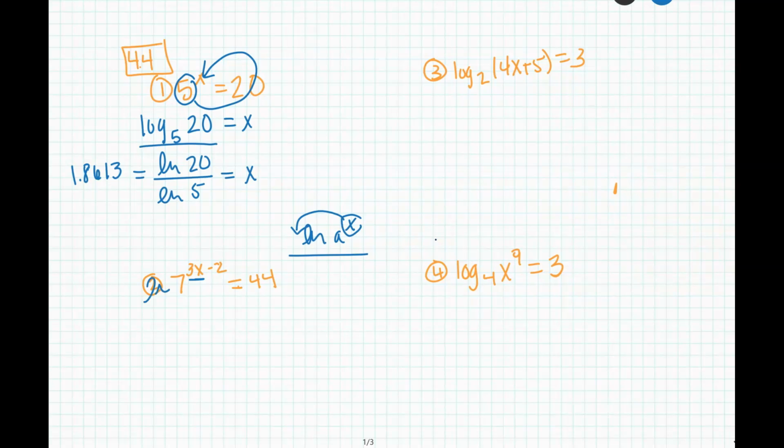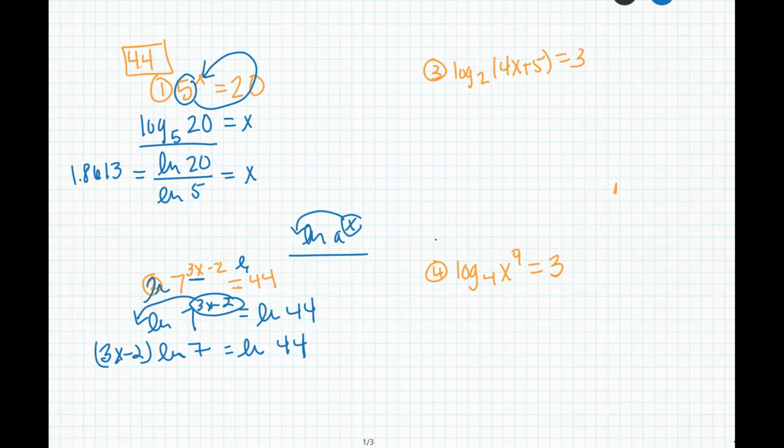And so if I ln both sides, it gives me ln of 7 to the 3x minus 2 equal to ln of 44. And then I'm going to pull this exponent out front. So it gives me (3x minus 2) ln 7 equal to ln of 44. And then I'm going to solve for that x. So I'm going to divide both sides by ln 7.